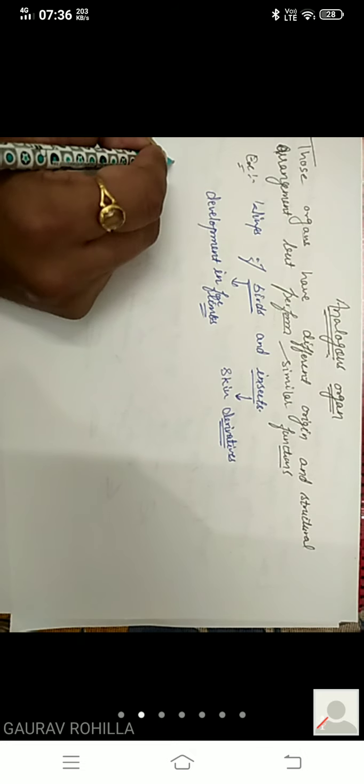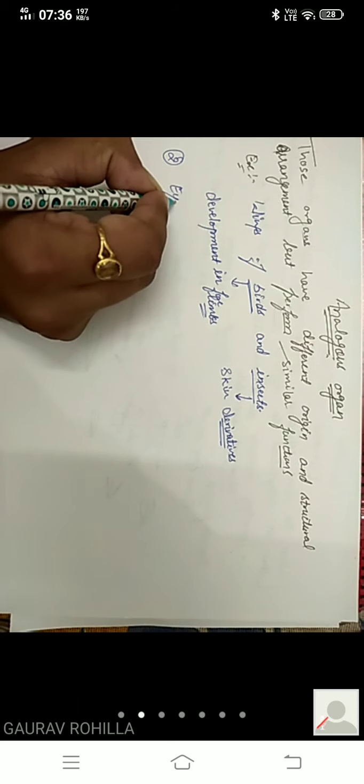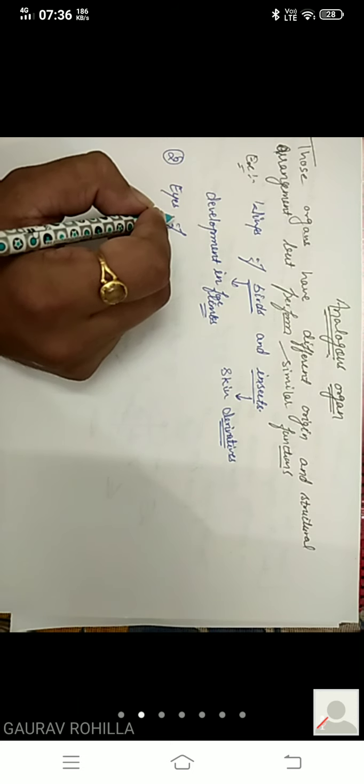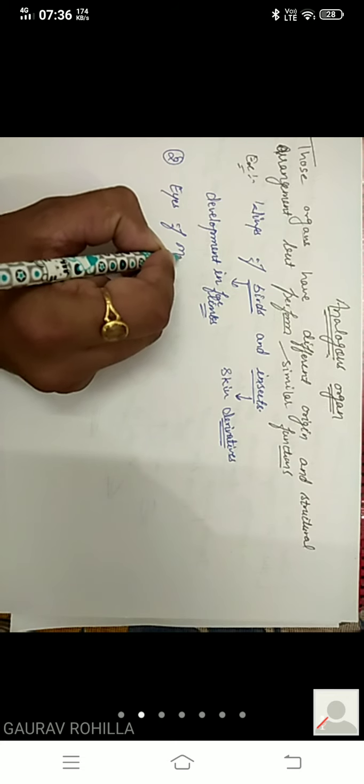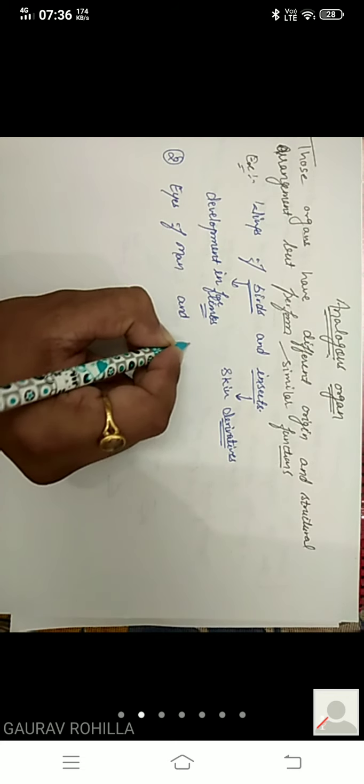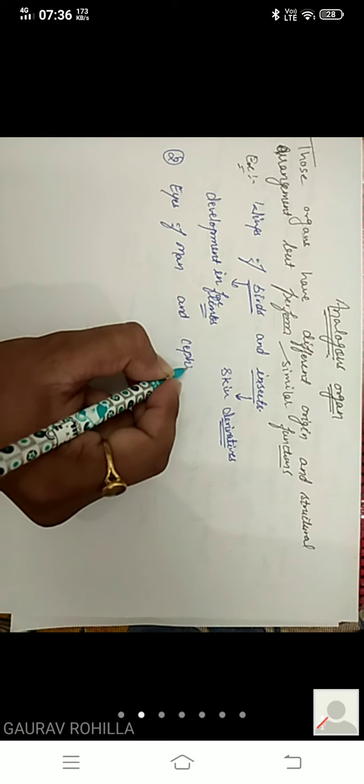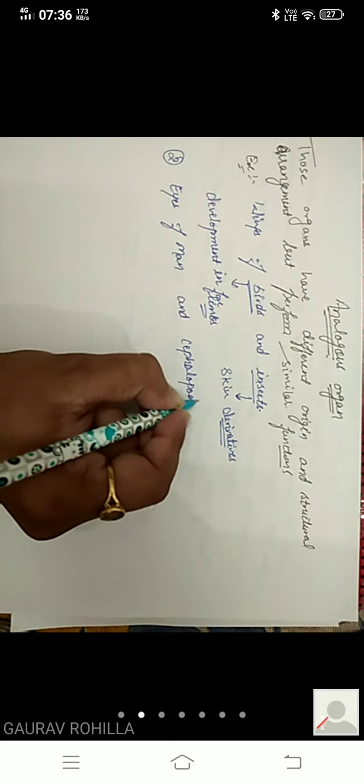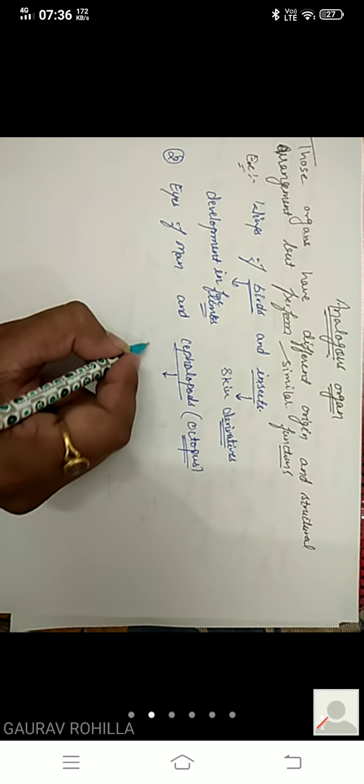Other example, eyes of man and cephalopods. Commonly we can say octopus. Eyes of octopus develop from skin, and here the human eye develops from the brain or brain cavity, mesodermal origin.